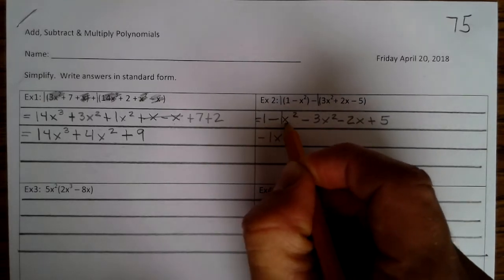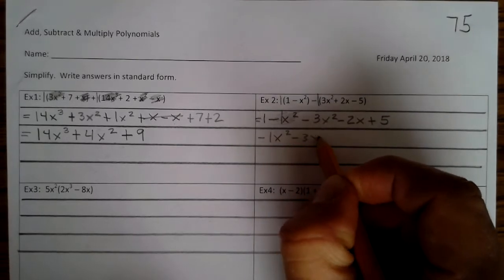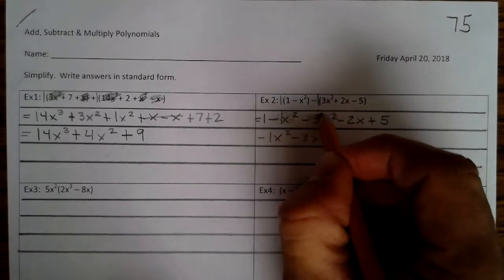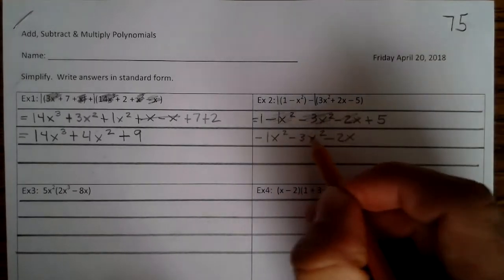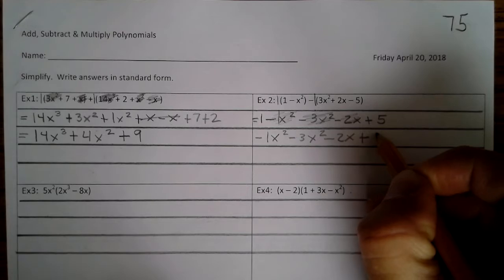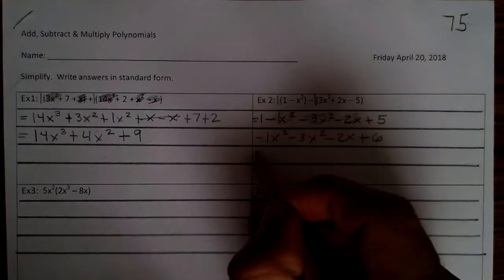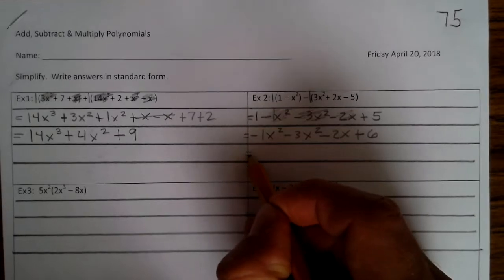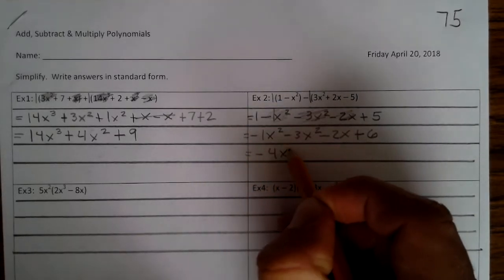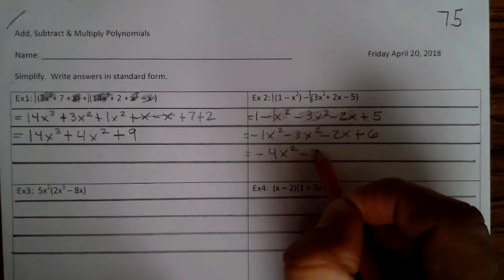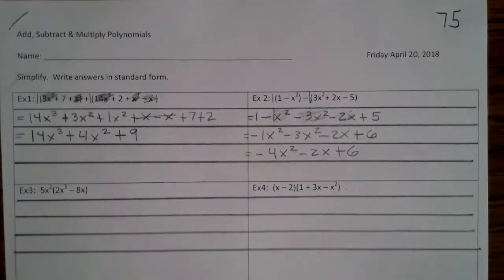And again, I'm going to mark these out as I pull them. And then minus 3x squared, minus 2x. And then 1 plus 5 is plus 6. All right. So combined terms, that's negative 4x squared minus 2x plus 6. And that is simplified.